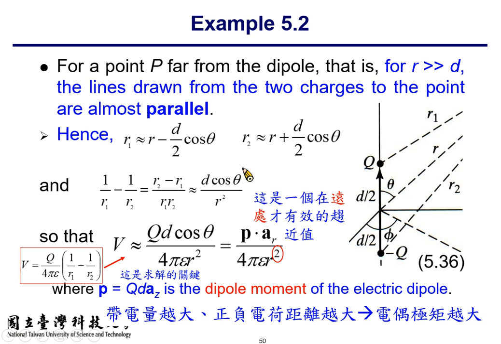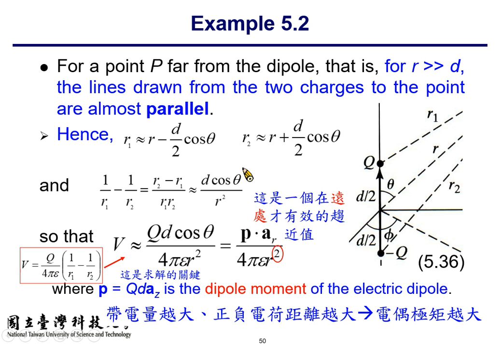However, in the denominator, you have 4 pi epsilon r to the square. Remember, for a single charge, the denominator is 4 pi epsilon r, which means the implication of this is the influence, the power of this electrical dipole moment is weaker than a standalone point charge, because its influence decreases as R increases, and it decreases more rapidly than a single charge.